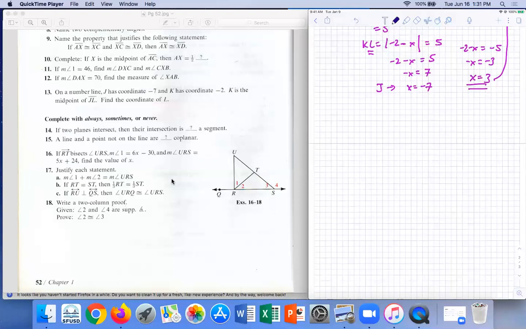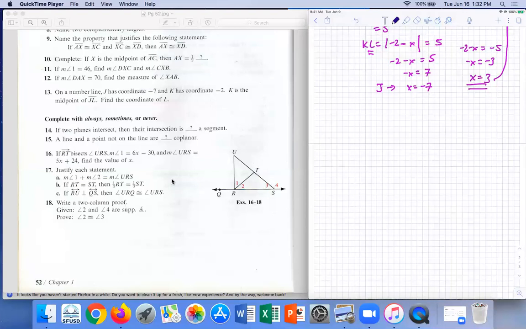If you think it's always, that means you can't find a counterexample where it's something else. Same thing with never. If it never happens, you can't think of a case where it will happen. Sometimes is when you can think of examples where it happens both times, right? You can think when it happens and when it doesn't happen.